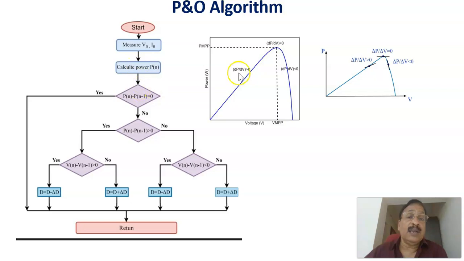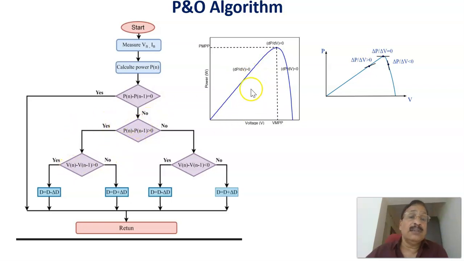Now, if there is a difference in the power, that is, if the power calculated present value is more than the previous power calculated, in this region, then we see what the change in voltage is also.